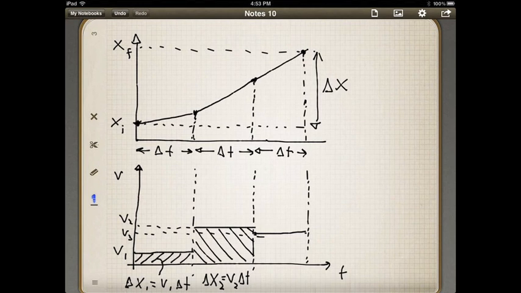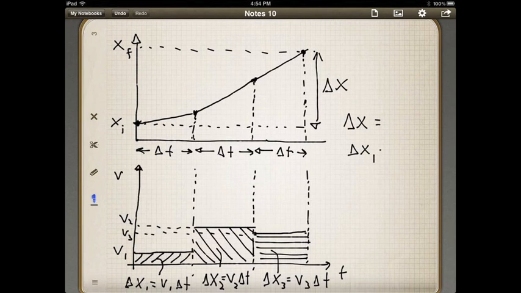And finally, for the third segment, the area of that is delta x3, which will be equal to v3 times delta t. We could have, of course, many more segments. So what's the total change in position of the object between the initial and the final location? Well, it's obviously the sum of delta x1 plus delta x2 plus delta x3.